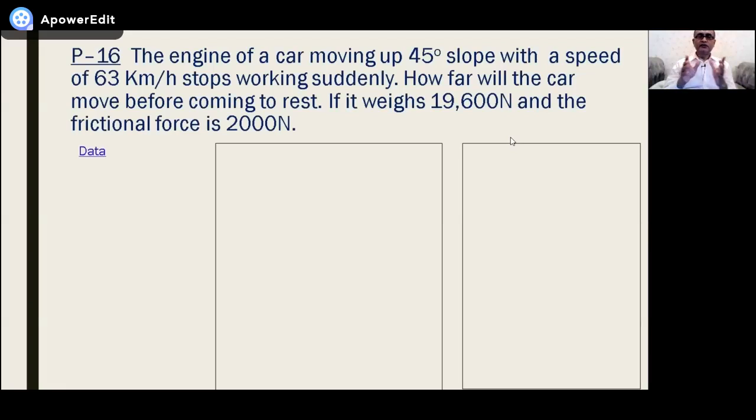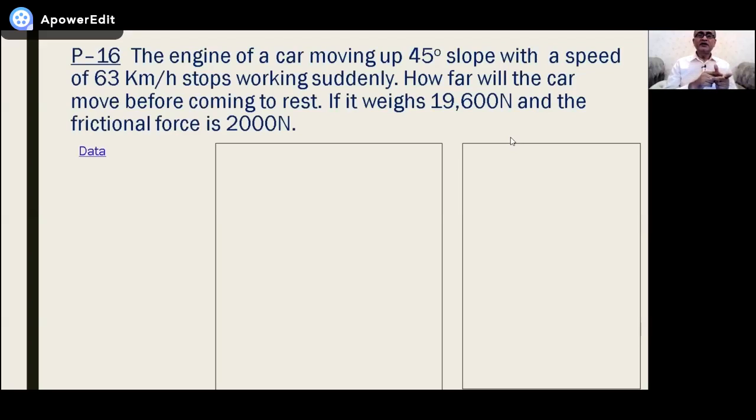So what would be the scenario? We have to find the same distance. Our formula is 2AS is equal to Vf square minus Vi square. To find this, we need acceleration. The acceleration on an inclined plane with friction is A is equal to G sine theta minus F upon M. M is needed.